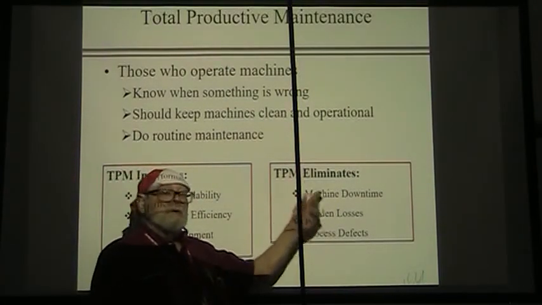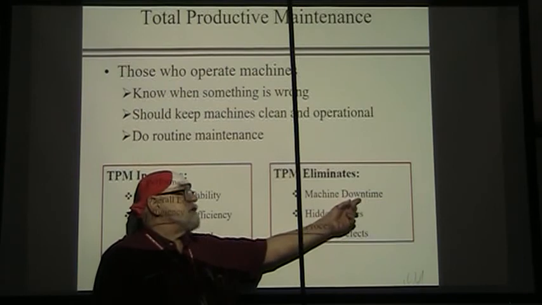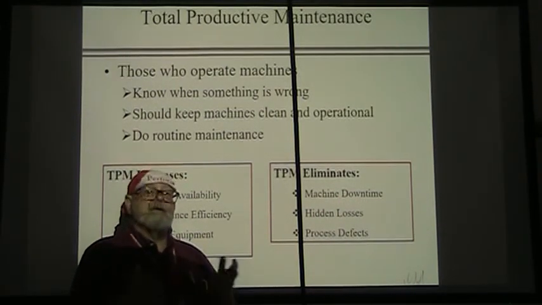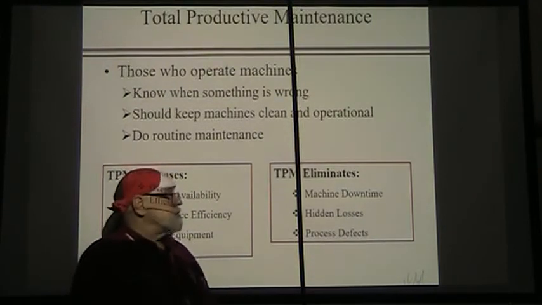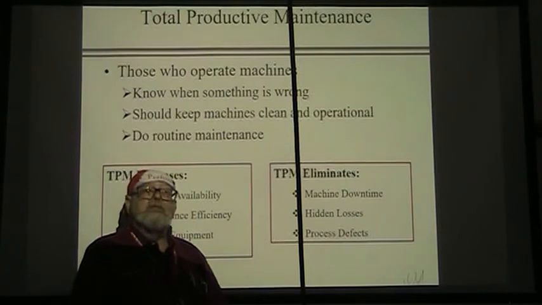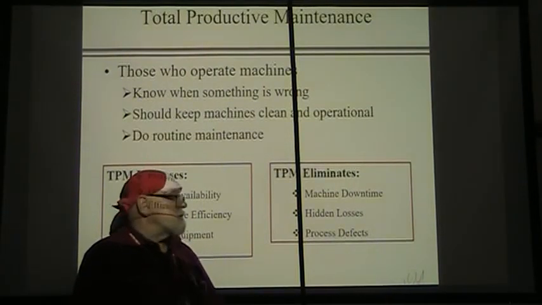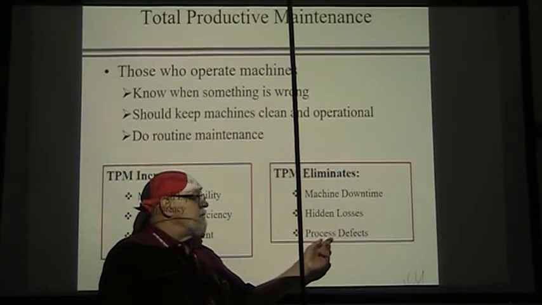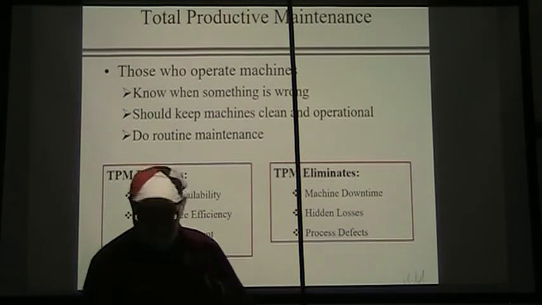What we're going to eliminate is unscheduled machine downtime, right? That's always a killer in production. The hidden losses that come with that unexpected downtime. And often we can get rid of some process defects by this method.